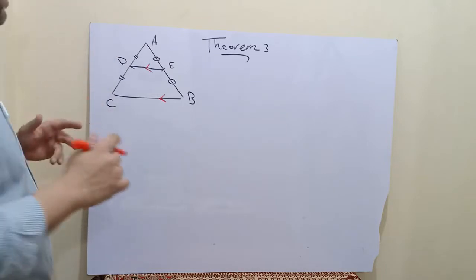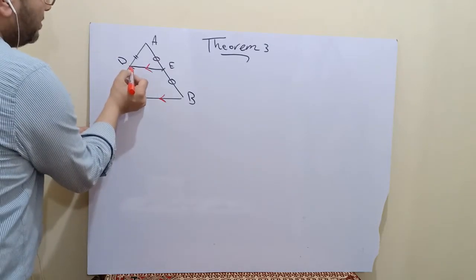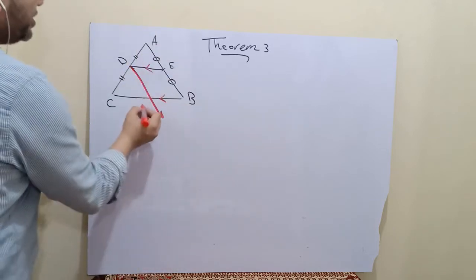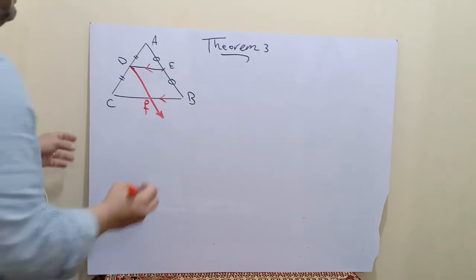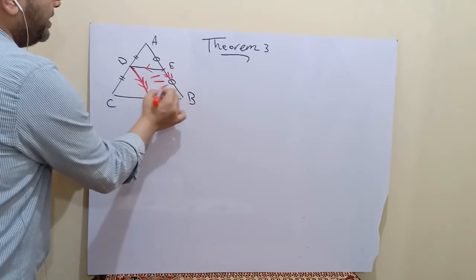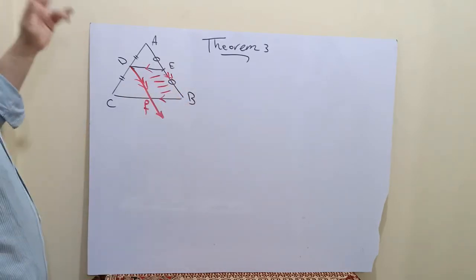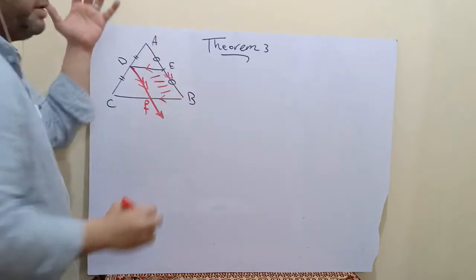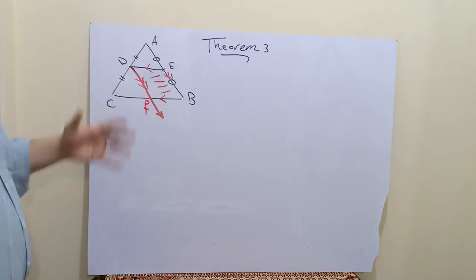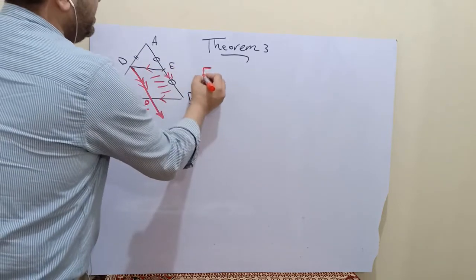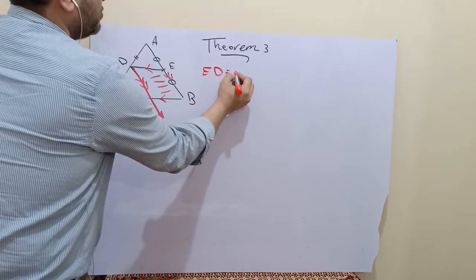When we draw from D parallel to AB intersection at F, then this figure is a parallelogram. Then we know the length of each two opposite sides in parallelogram is equal. Then ED equals FB.